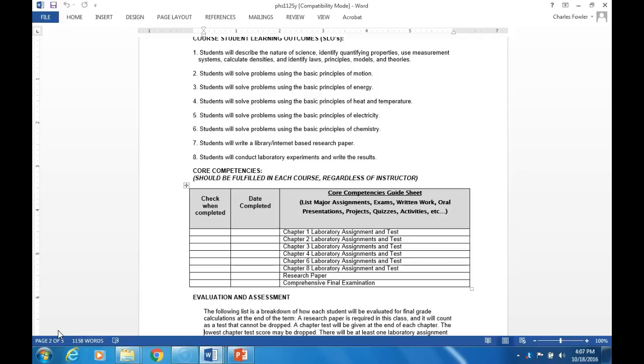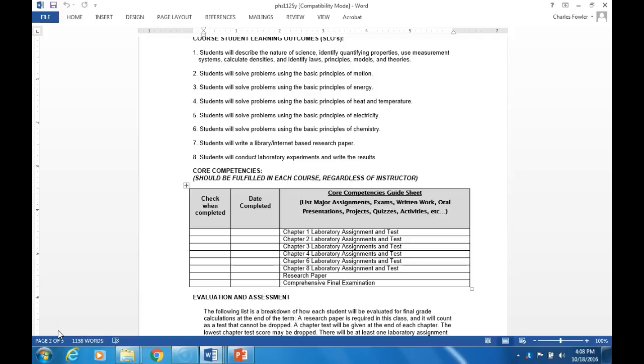So we skip 5 and go to 6. Okay? Students will solve problems using the basic principles of chemistry. There we skip Chapter 7, which is light, and go to Chapter 8, which is atoms and the periodic principles. Okay? So that's our chemistry.